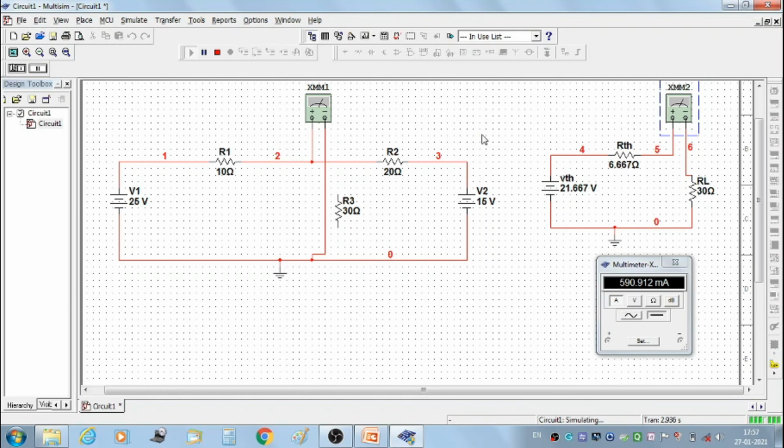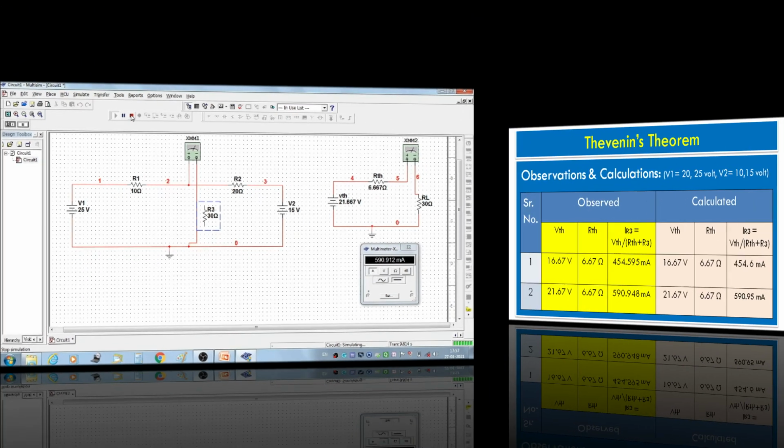In this way, from the given circuit we removed the load, then calculated the Thevenin's equivalent voltage, then by short circuiting the voltage sources, or making the voltage source values equal to 0, we measured Thevenin's resistance for two sets of readings. Then stop the simulation.